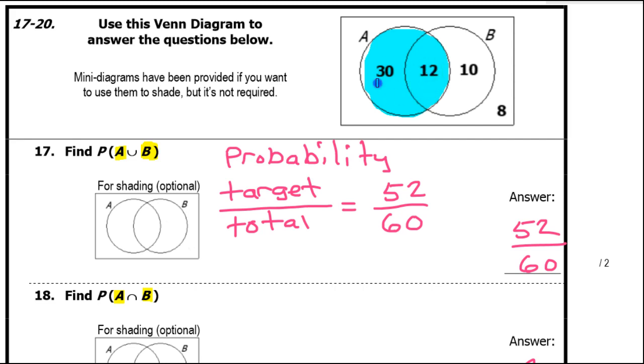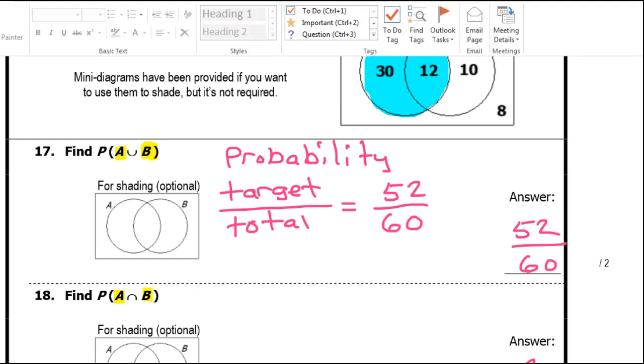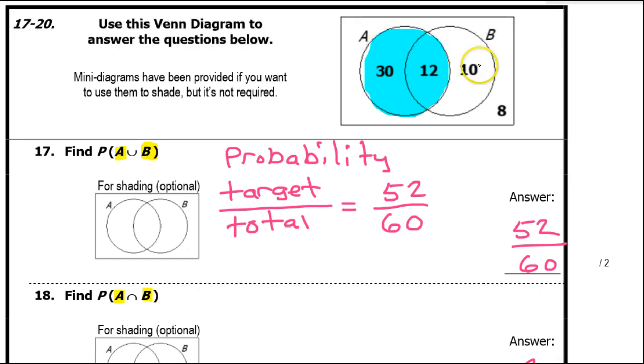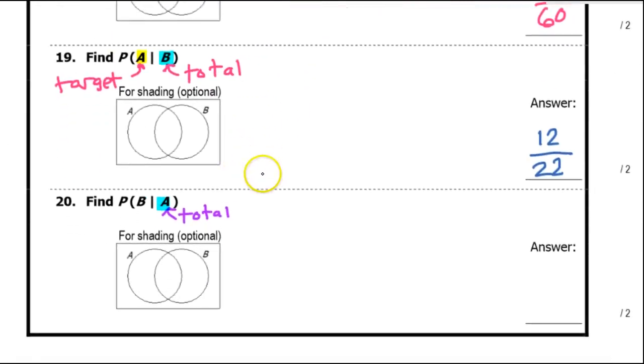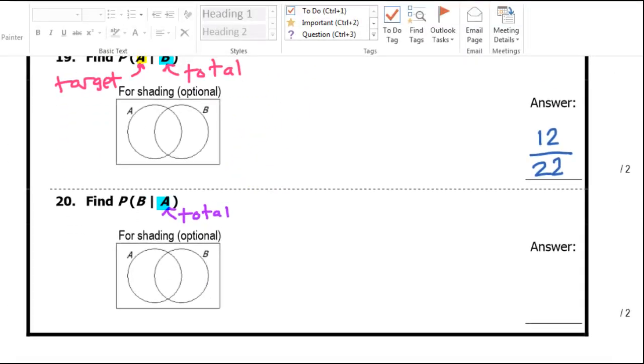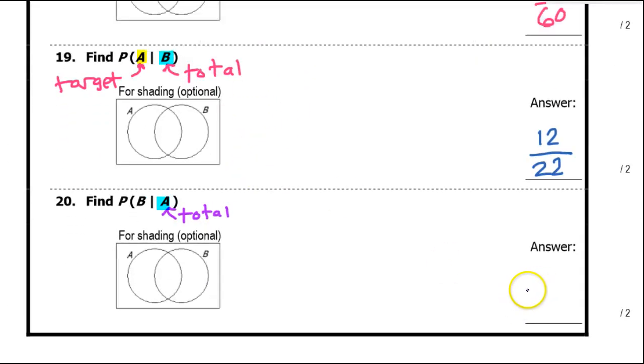Since this is the new total, there can be no other numbers. So make sure you go ahead and cross out the 10 and the 8 because A is the new total. And this is a total of 42. So that's going to be the denominator. We're talking target over total, and the new total we just saw was 42.